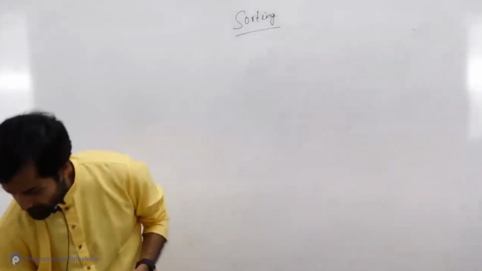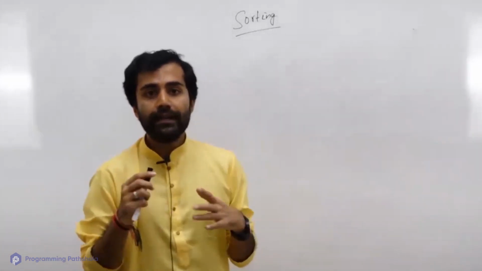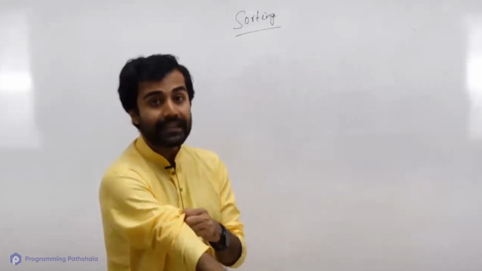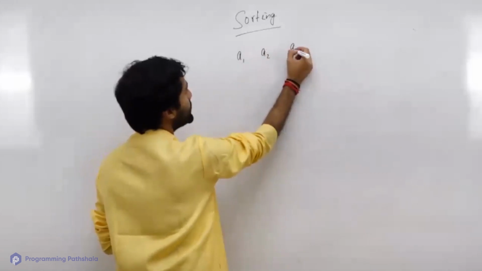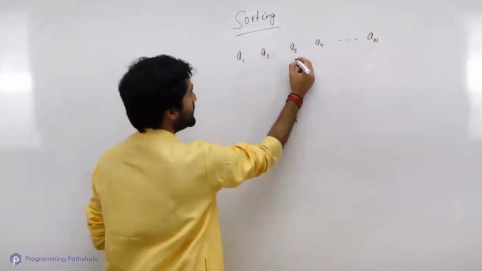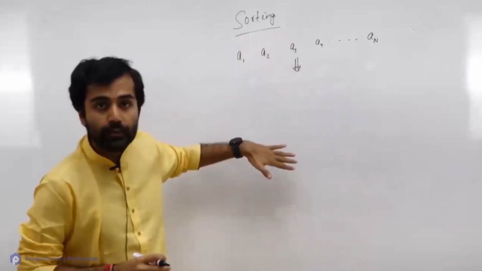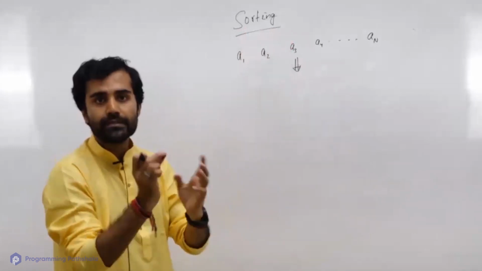Okay, so let's say I want to talk about sorting data in ascending order. What is the meaning of sorting data in ascending order? It means that if I have some elements like A1, A2, A3, A4 till AN, then I want to generate a permutation of it, because a sorted form is just a jumbled up form, which is just a permutation.